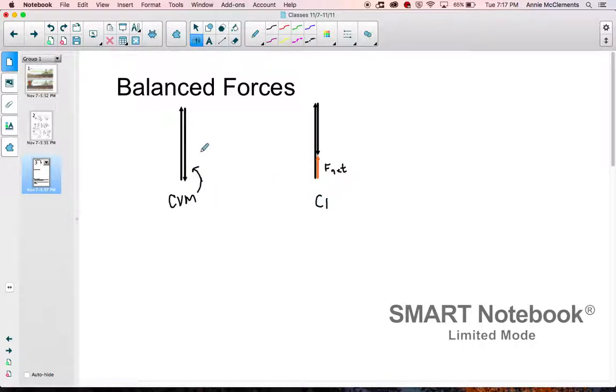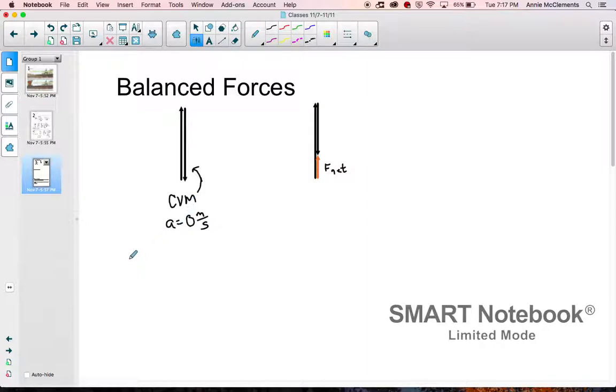And that's because the acceleration equals 0. I just stated that as a fact during our slideshow, that when the forces are balanced, there is 0 acceleration, therefore it follows CVM.